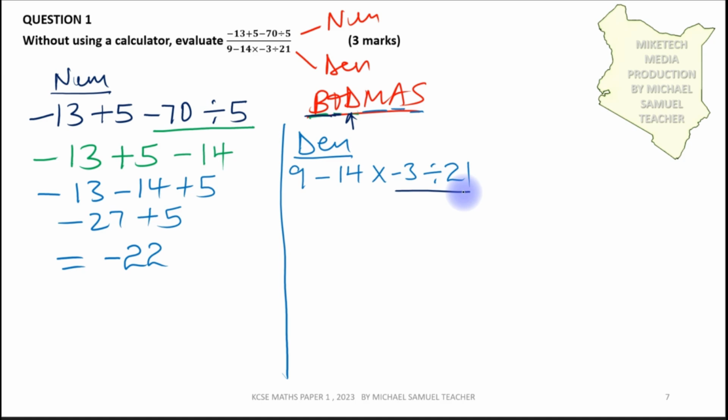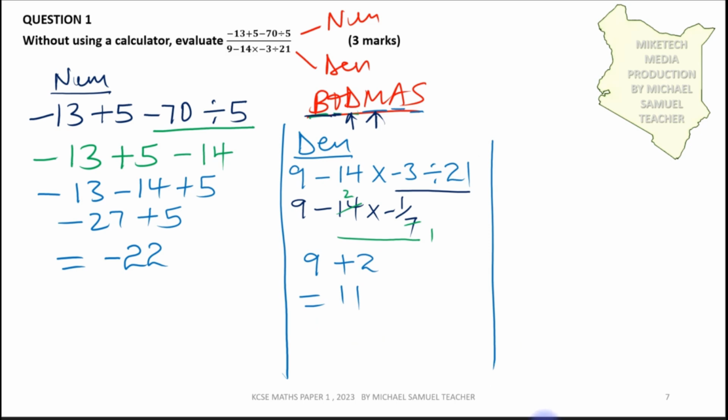So we deal with the division first: minus 14 times minus 3 divided by 21, so that will be minus 2 over 1 by 7. Then the next operation is multiplication, so minus 2 times minus 1, that is plus 2. Therefore we shall have 9 plus 2, we end up getting 11.